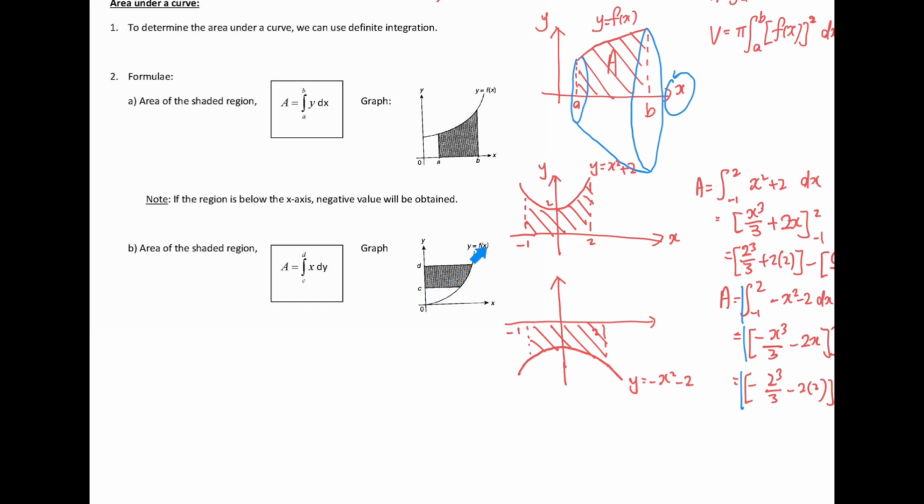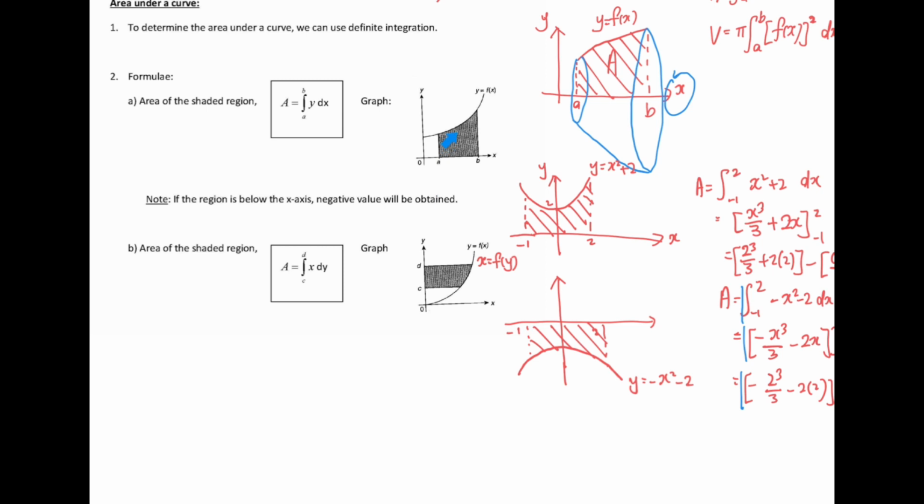If you have a graph y equal to f(x) in this way, you need to rearrange, make x the subject, until you get x equal to f(y), that means x in terms of y, and then you integrate the expression in y, the f(y), from c to d. C to d is on the y-axis as well. Then what you get is the area from the curve to the y-axis.